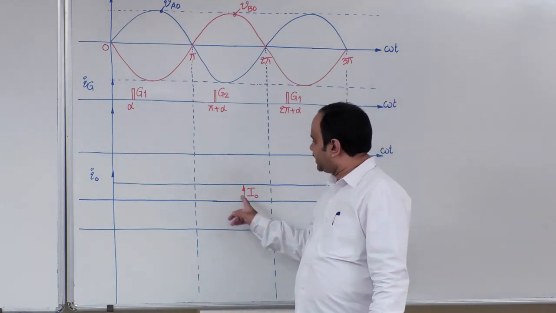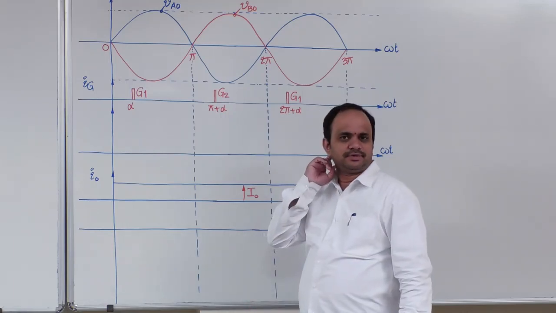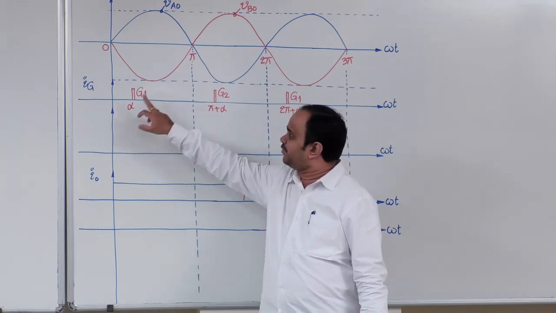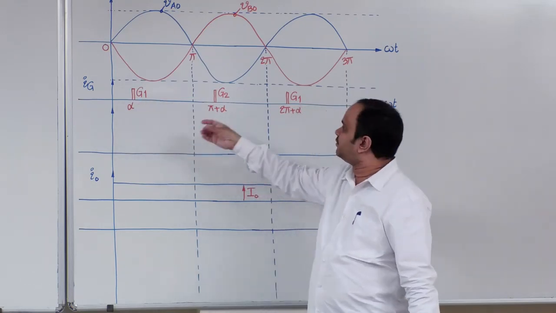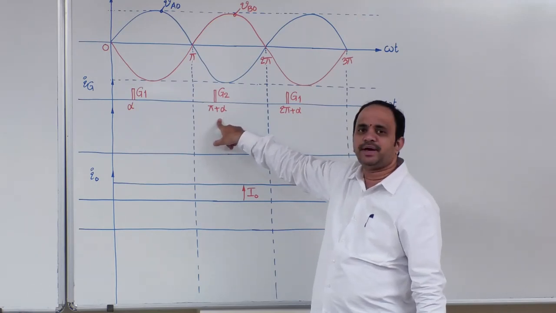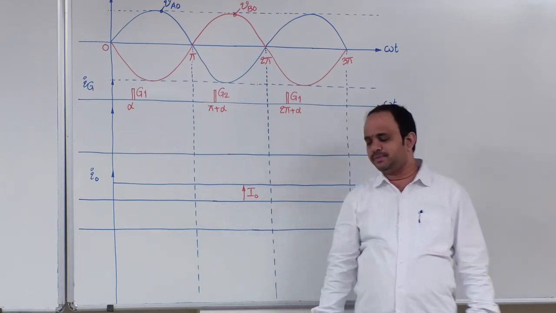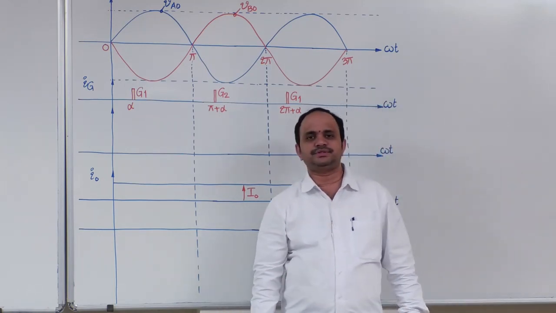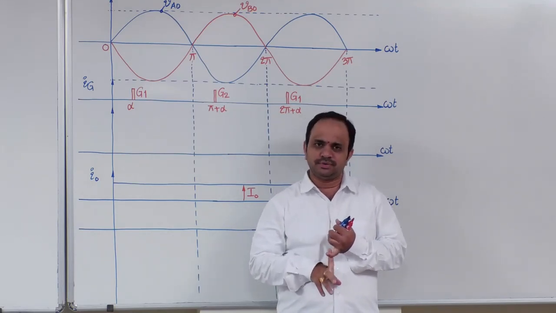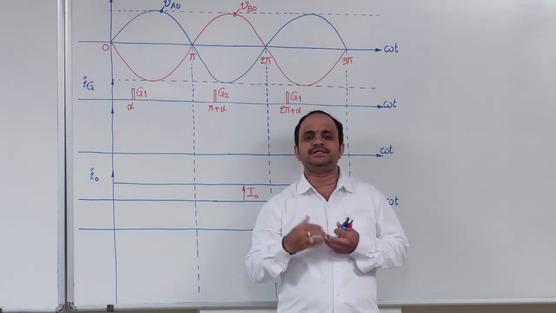Whenever there is a constant current load, under what conditions will devices be turned off? Once the device has started conduction at alpha, this device will turn off when the next device starts conduction, that is at pi plus alpha. Again I am repeating, SCRs will be turned off in two situations: either the current reaches 0, or some other device takes up the conduction.